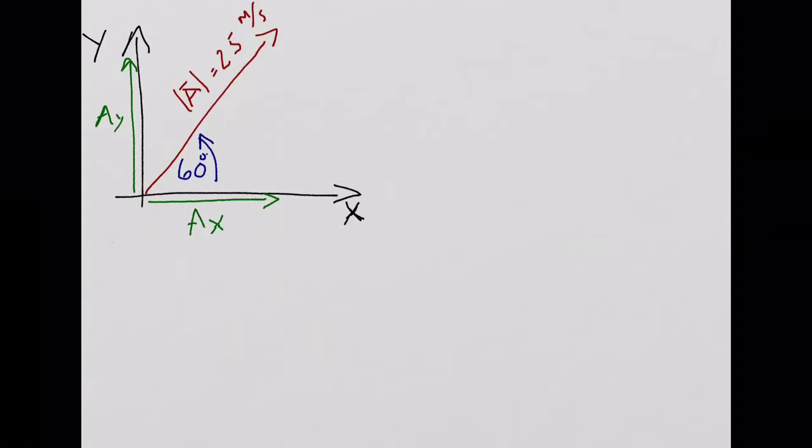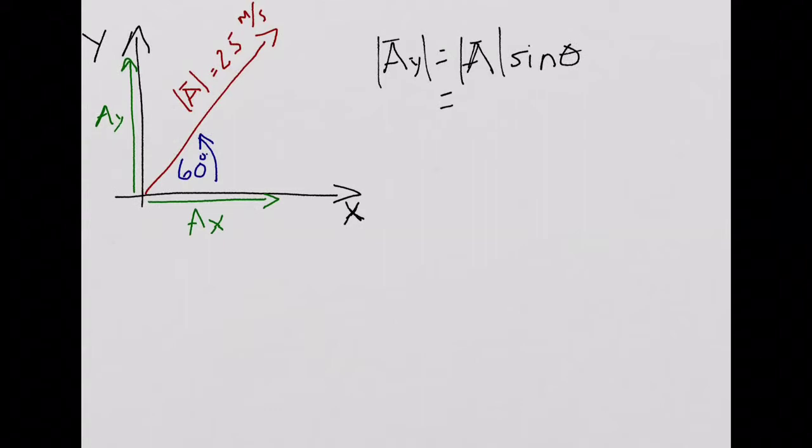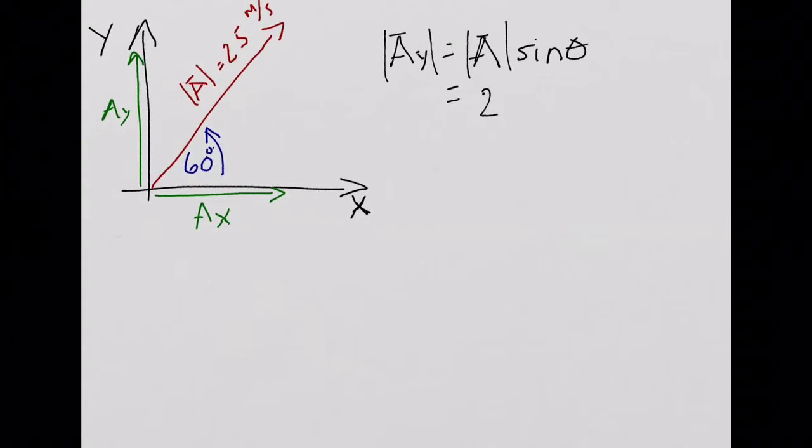So let's break this vector down into its components. A has a length of 25 meters per second, and the direction is 60 degrees above the x-axis. We know that A sub y equals A sine theta, and that equals 25 meters per second times the sine of 60 degrees.